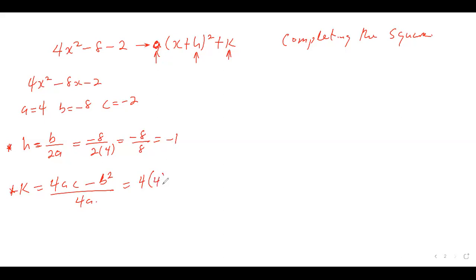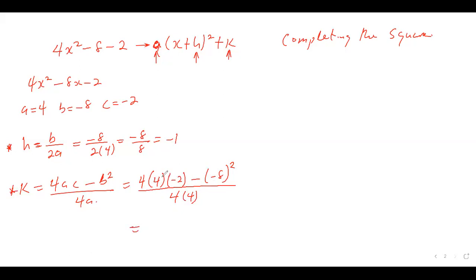My C value? -2. -2. All right. Minus B, what is my B value? -8. -8, right? Squared, all over 4 times 4. Then you work this out now, right?